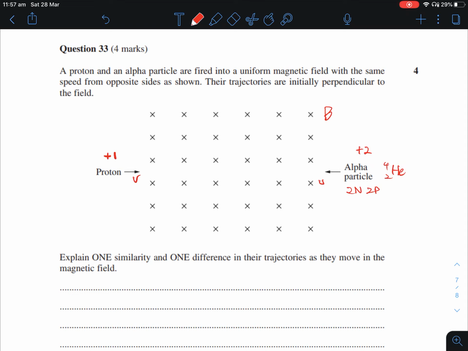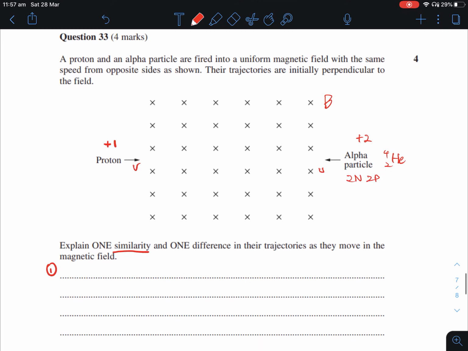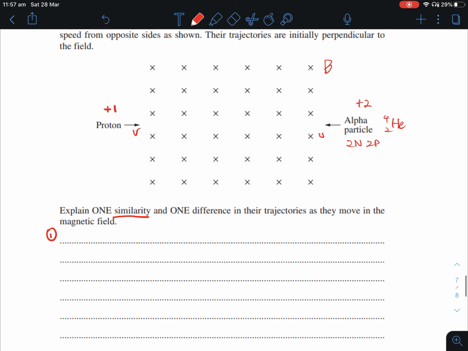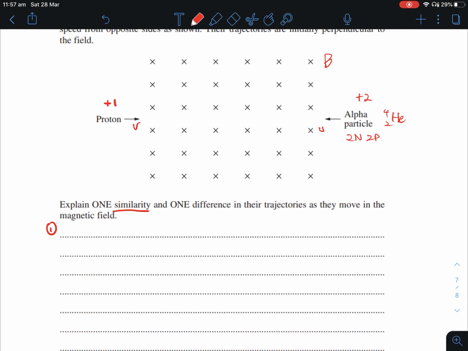So let's think about the similarities. Oh, sorry, one difference in their trajectories. Okay. So the first similarity, I suppose, is that both are charged particles. And what does that mean? It means that you should be thinking of this formula.